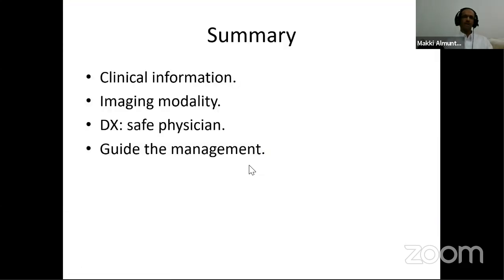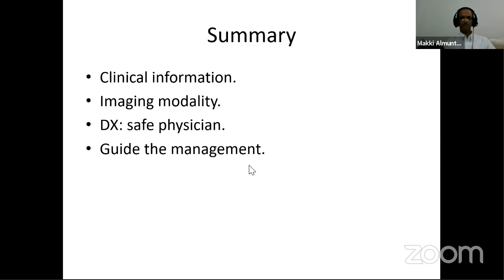In summary, you always need clinical information, and from the ER, as I mentioned, we do just CT. I don't need to give contrast because I'll take the patient to MRI, and we do our MRI sequences, including gadolinium as well.